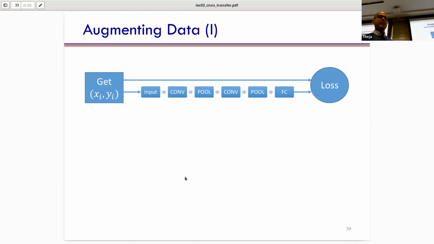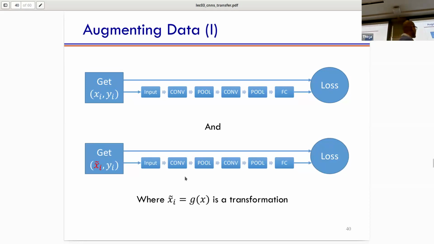The idea is basically to change x_i to some other x tilde_i. How you change images is what we'll see, but it's a very natural idea. It's like saying, if for this image this is the label, then if I slightly change the image, it should be the same label.